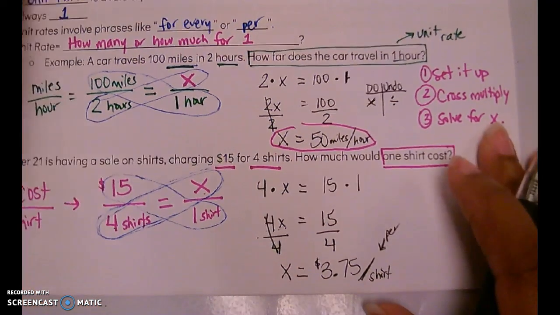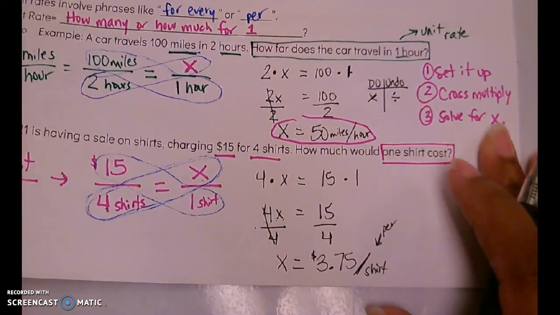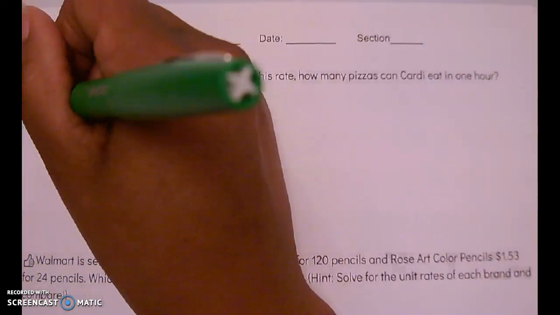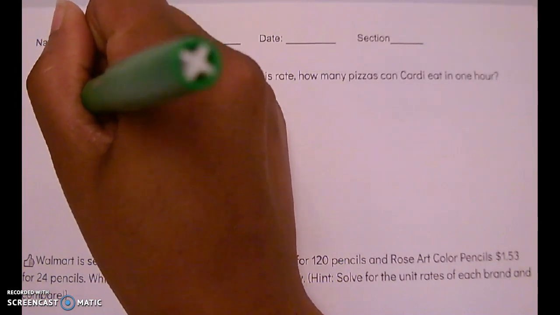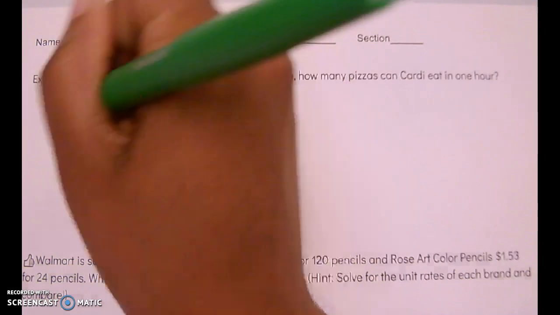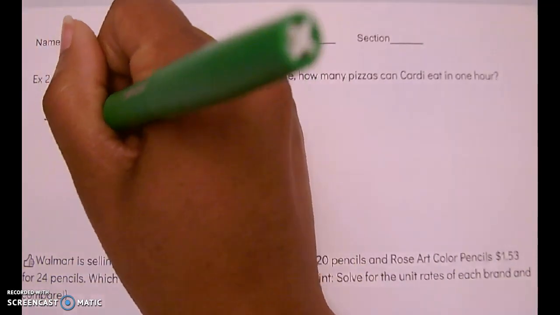All right, last problem we're going to do, let's flip to the back. Cardi eats 1/3 of a pizza in 3/4 of an hour. At this rate, how many pizzas can Cardi eat in 1 hour? So what I'm going to be comparing here is the amount of pizza per hour.